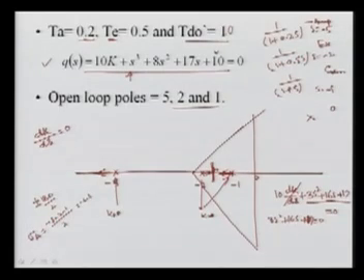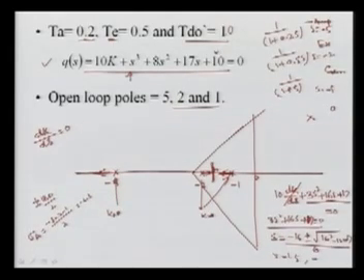If we solve this quadratic equation, we get s equal to minus 16 plus minus under root of 16 square minus 12 into 17, divided by 6. Finally we will get the value minus 1.5, and the other value is something like minus 4 or minus 3.